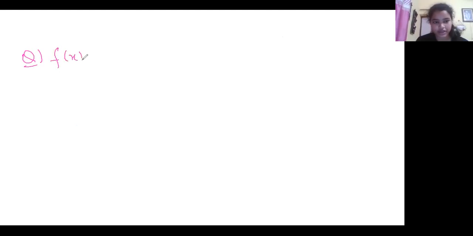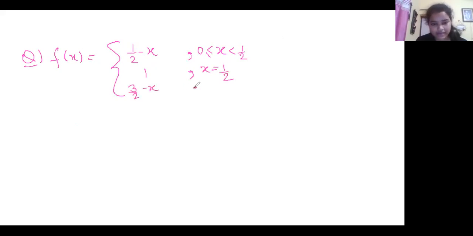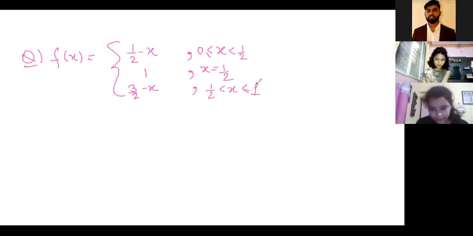Function is given as 1 by (2 minus x) when x is greater than or equal to 0 and less than half. After that, at x equals half, the value is 1, and after that we have 3 by (2 minus x) when x is between half and 1.